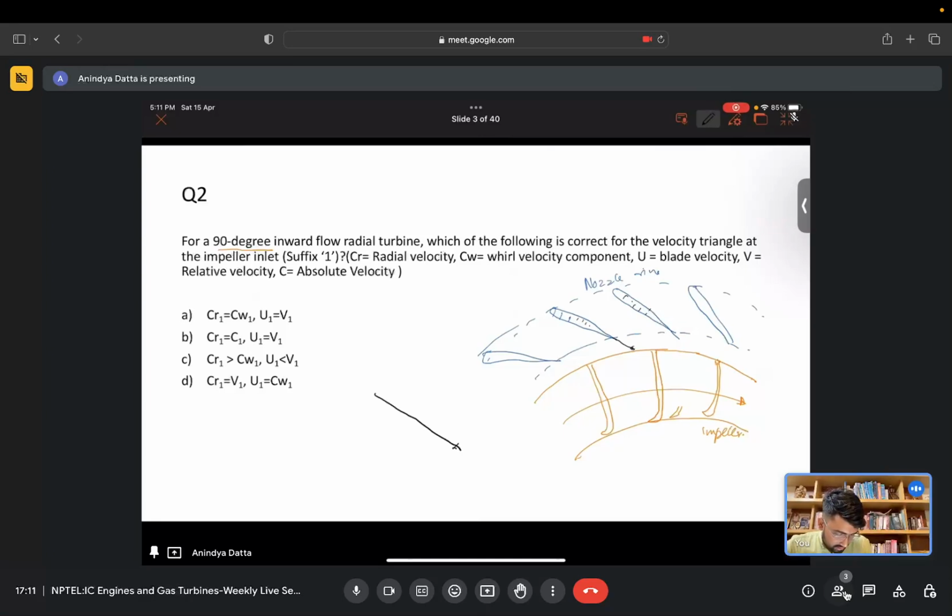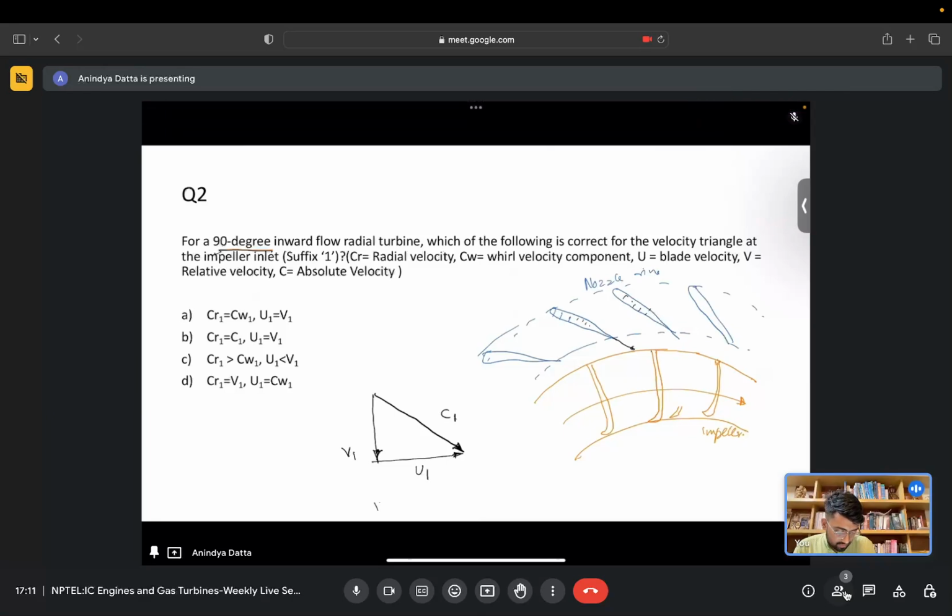This is our C1, and this is our U1, the blade speed. Since the blade angle is 90 degrees at the inlet, the relative velocity component will be like this, V1. This is how our velocity triangle at impeller inlet will look.